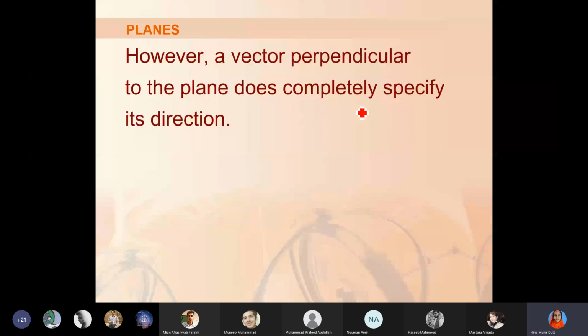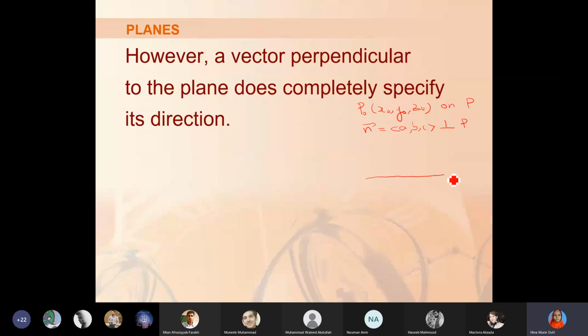So I will say that the plane is determined if I have a point that lies on the plane P and a normal vector with coordinates A, B, and C perpendicular to the plane.